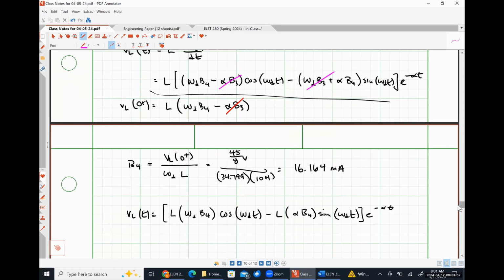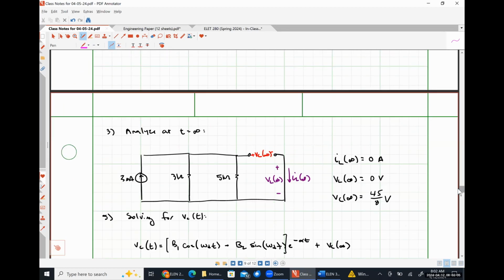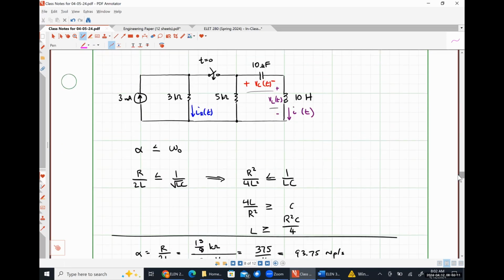So we were solving for VL, and effectively we needed L times omega D times B4. So let's figure out what that is real quick. L was 10 henries.